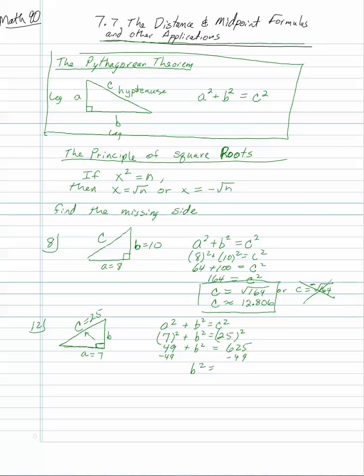So B squared is 576. Square root both sides. And again, since this is a geometry problem, we don't want a negative side, so I'm not going to worry about writing the negative one. And then that actually is 24, I believe. Yep. Exactly, so I don't need to approximate it.